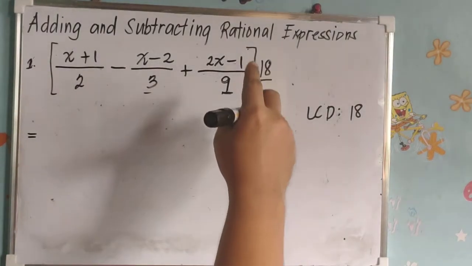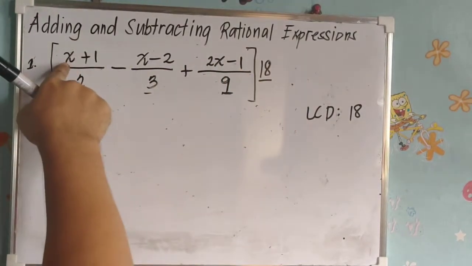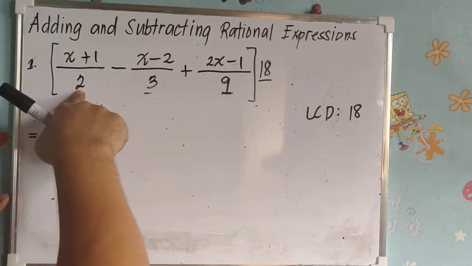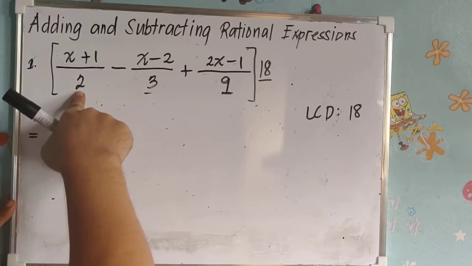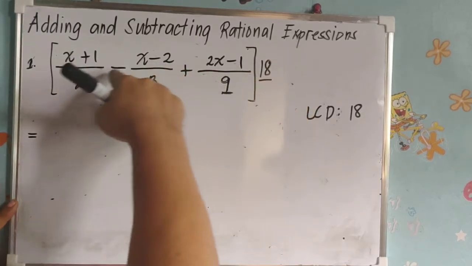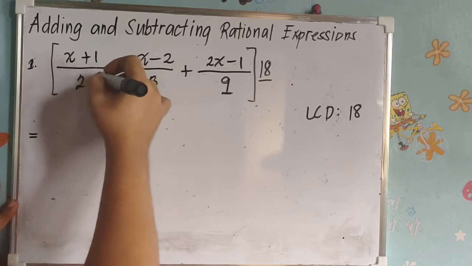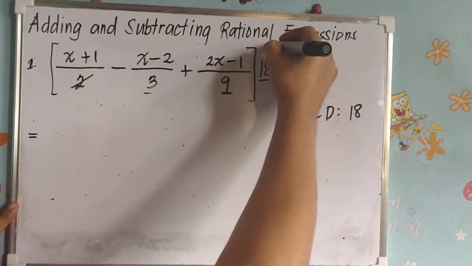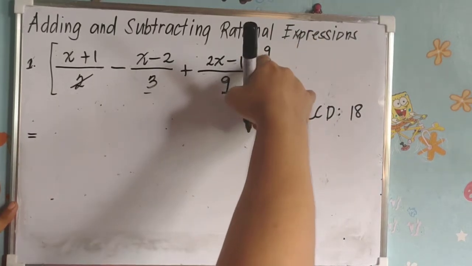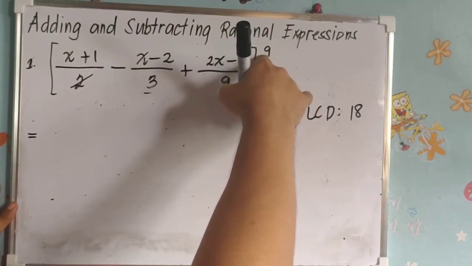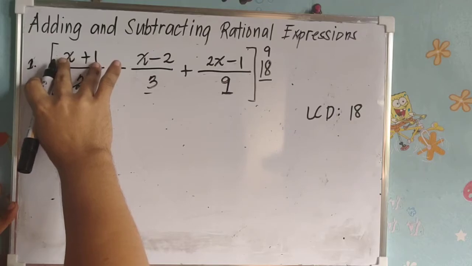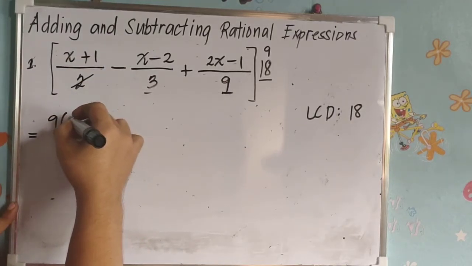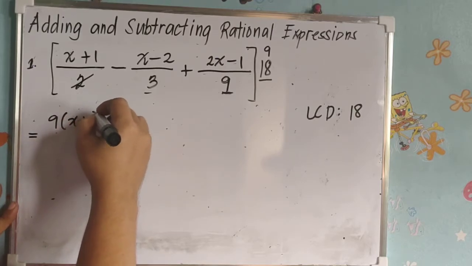That means we have 18 times x plus 1 over 2. But we can directly cancel out the common factor. 18 divided by 2 is cancelled out, and we have a remaining factor of 9. This remaining factor will be multiplied to x plus 1, so we have 9 times the quantity x plus 1.